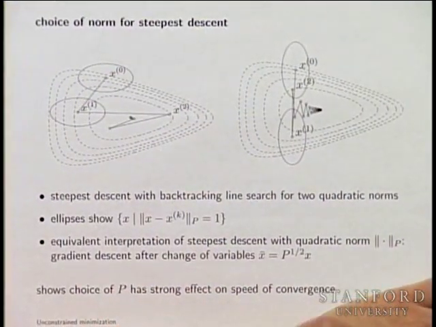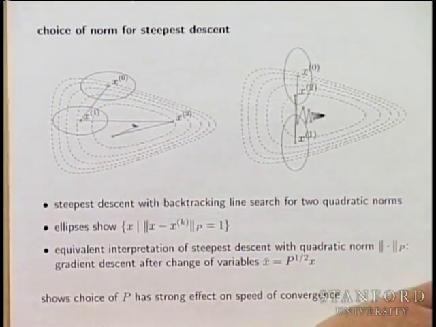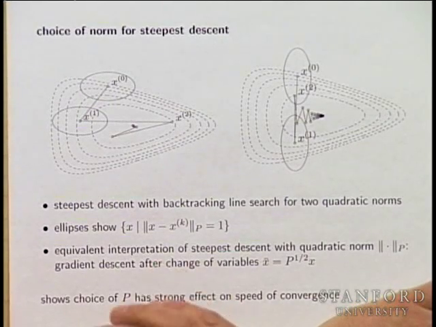You would then use that quadratic to change coordinates, or if you like, you could use that metric to do steepest descent. Everybody see what I'm saying? That would work extremely well. That would improve steepest descent tremendously.